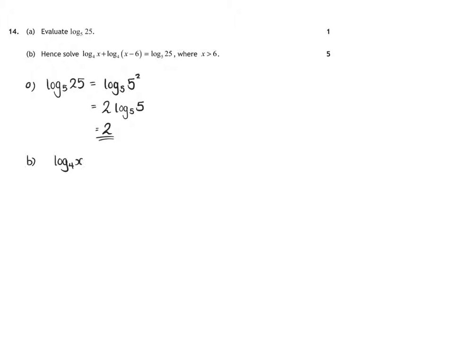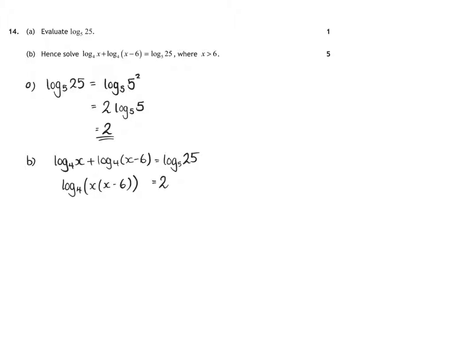In our next line we can replace the right-hand side with a 2. When we have logarithms that are added together, we can combine them into one by multiplying, so it becomes log to the base 4 of x times x minus 6.